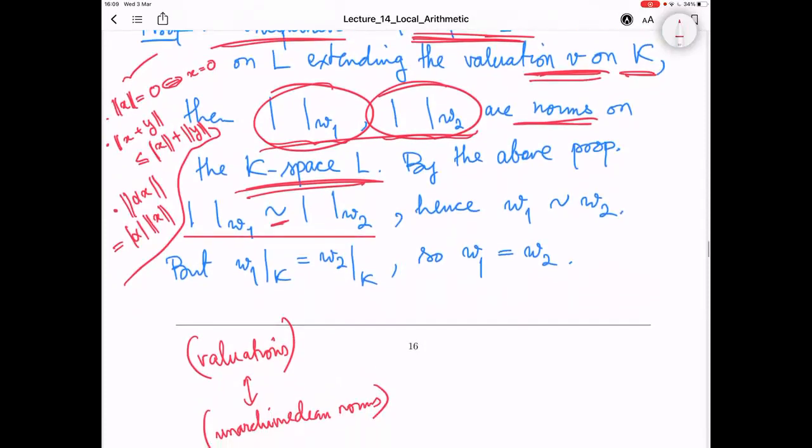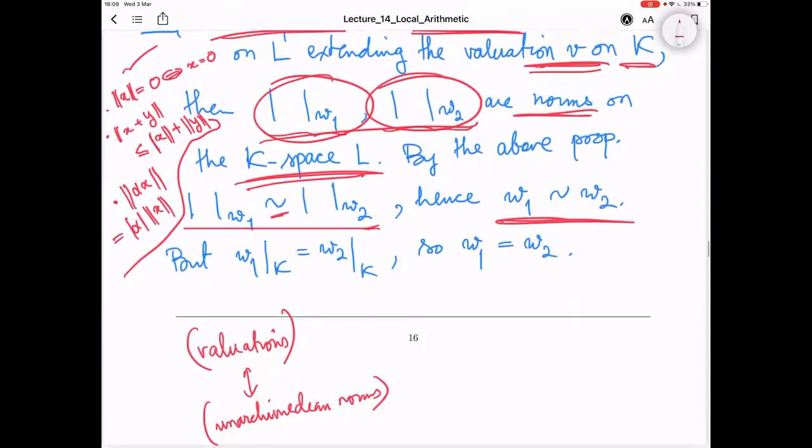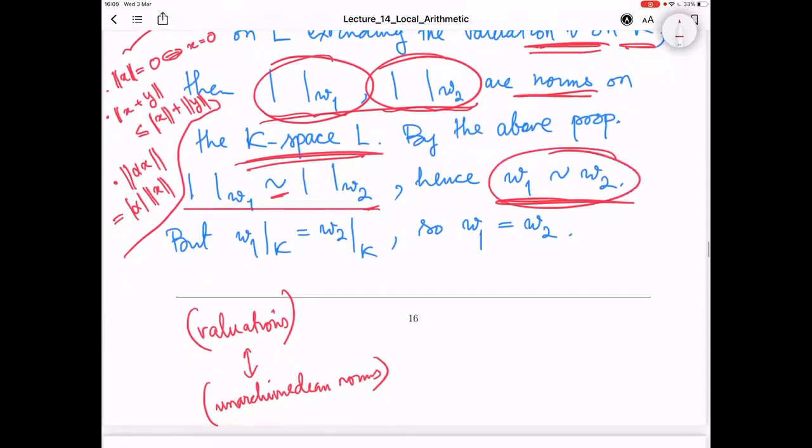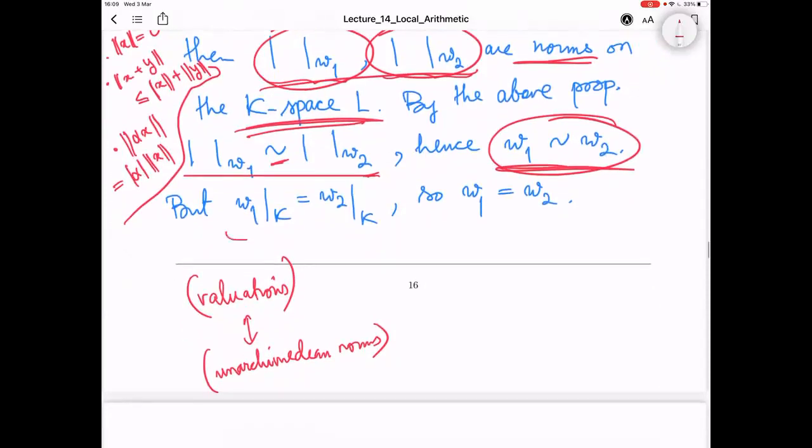And if the associated norms are equivalent, then the valuations themselves are equivalent. They're equivalent, okay, but are they equal? Now, what I know is that they extend the same valuation V on K. So the restrictions to K are equal.